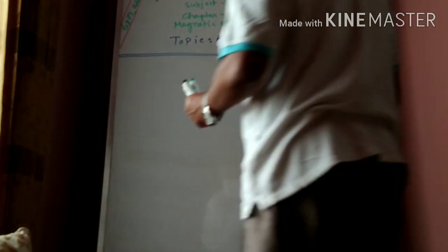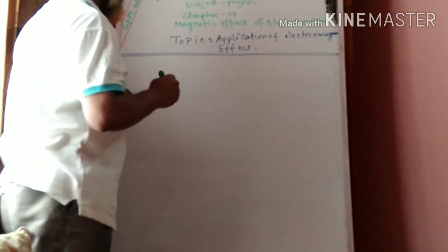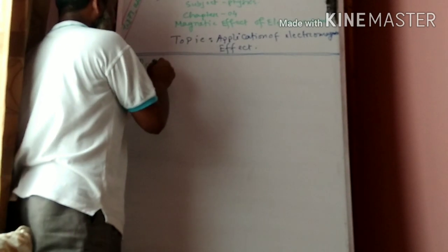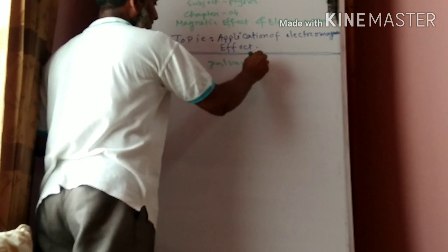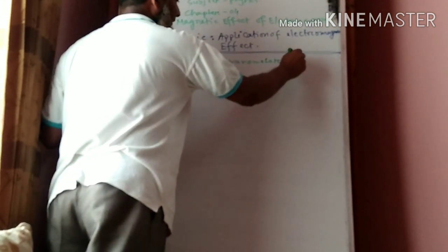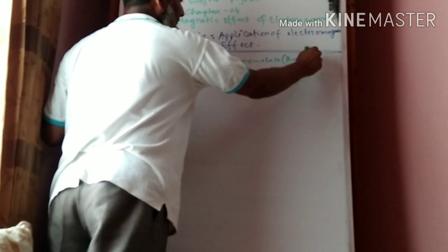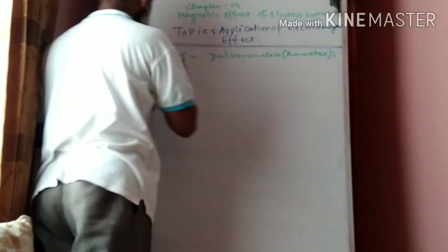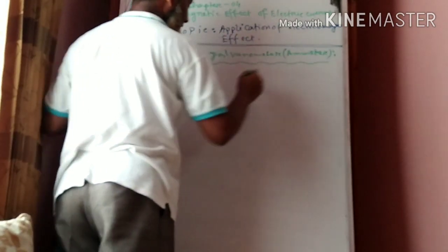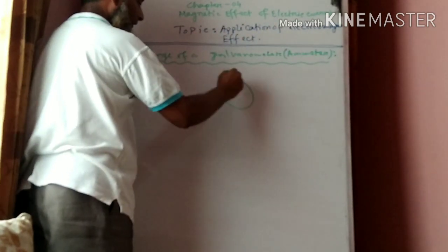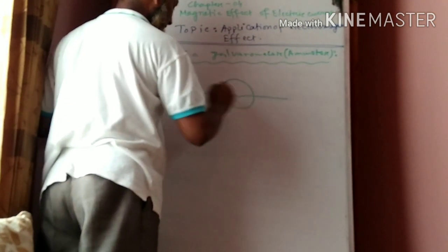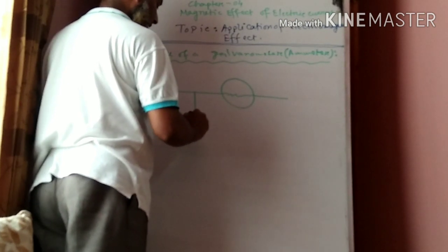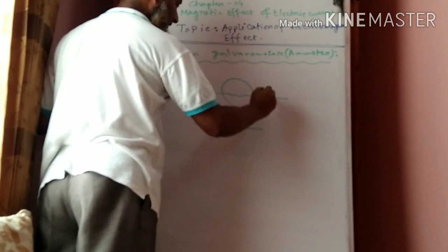Now I'm going to describe how you can change the range of a galvanometer, like an ammeter. A few minutes back I drew a circuit of a galvanometer, and in an ammeter the shunt is connected in parallel.